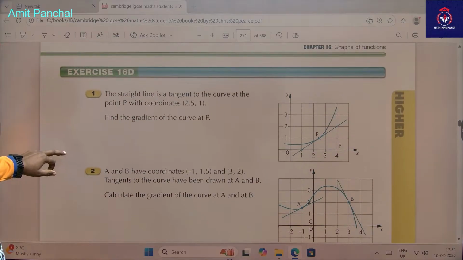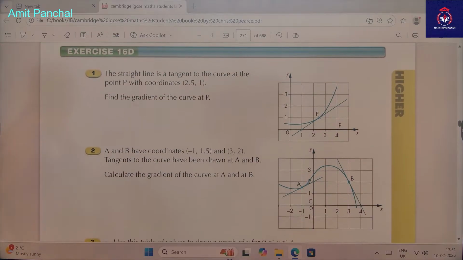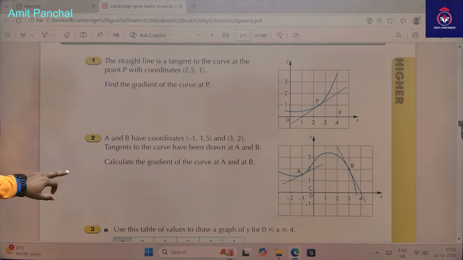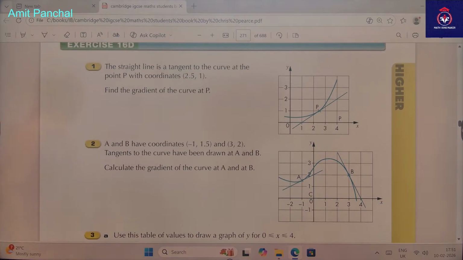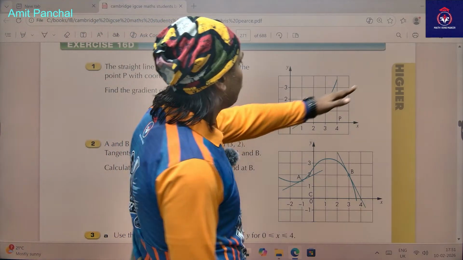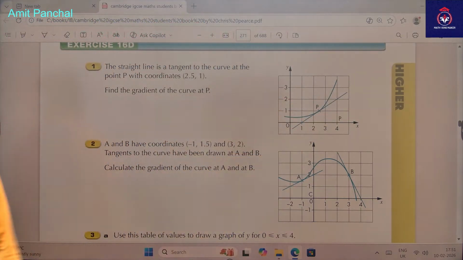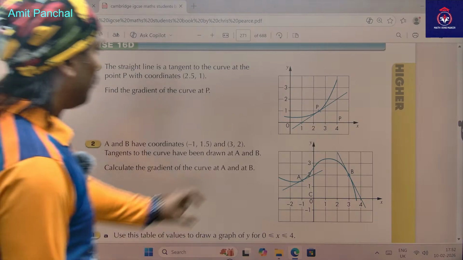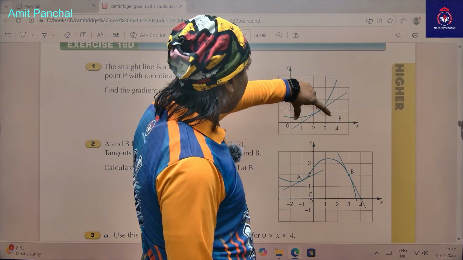Now, can you do these two questions? The gradient at P, right? And also this straight line is given to you. It's 2 by 3, right? 2 by 3, yeah, because the y change is 2 and the x change is 3.